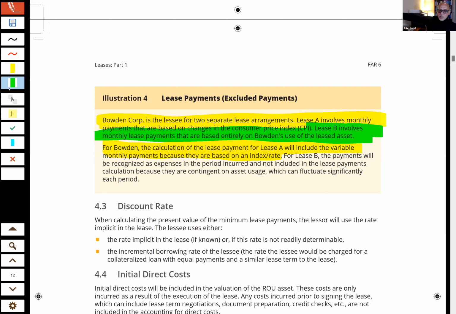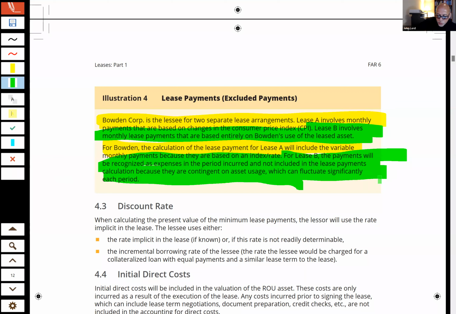What the base amount is will be treated as expense in that period. And then if it's based on amounts of usage later on, you wouldn't include those. You wouldn't say, well, I think I'm going to go 500 miles over the limit, so let me include those payments now. Don't include those.